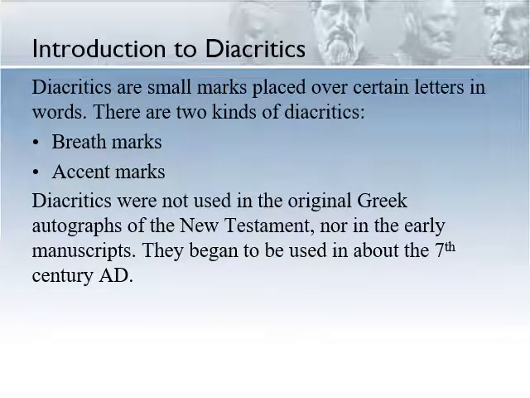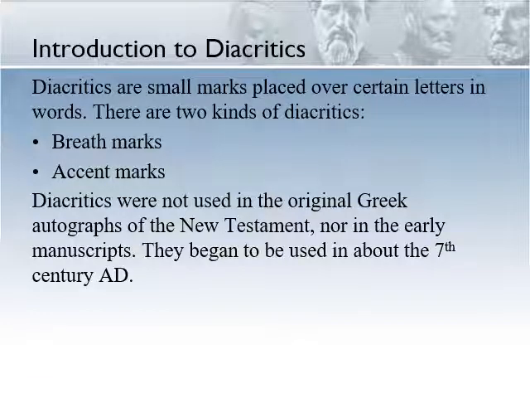Diacritics were not used in the original Greek autographs when the New Testament was originally written. People knew how to pronounce these words because they were part of their normal vocabulary, their normal speech, and they knew where the accent was supposed to go. In about the 7th century AD, as most of the people in the Roman Empire were shifting from Greek to Latin, fewer and fewer native Greek speakers existed.